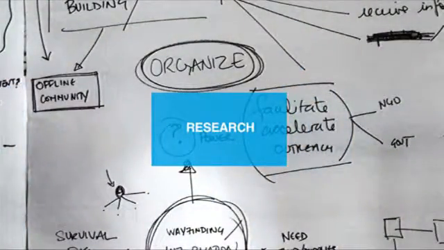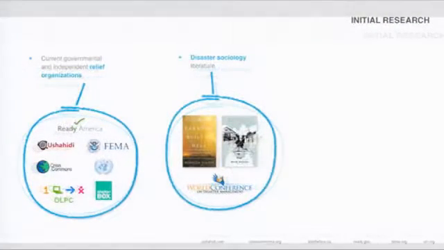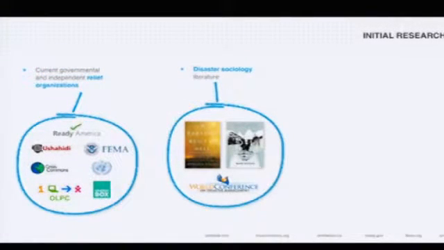So in light of the devastating impact of natural disasters, our initial research started with looking at current governmental organizational setups, relief organizations. We also reviewed literature in disaster sociology and combined our personal experiences of living through extensive power outages in countries like Pakistan and Syria.